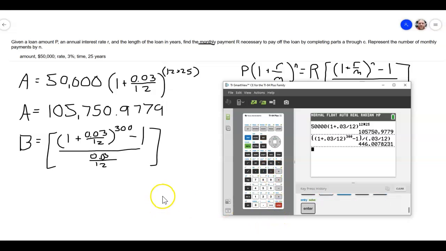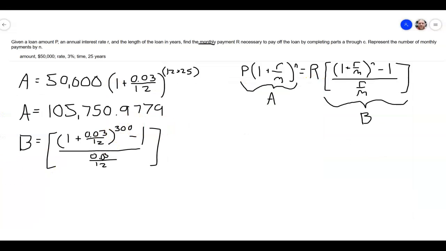And here I get 446.0078231. So B is equal to 446.0078231.